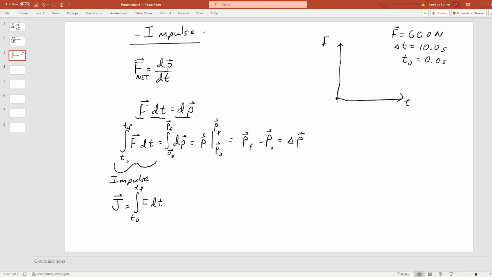So I'm going to start here at the origin and go to 10 seconds. And I'm going to apply a force to an object at 60 newtons for that time interval. And it's constant.